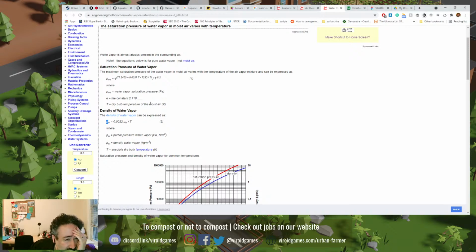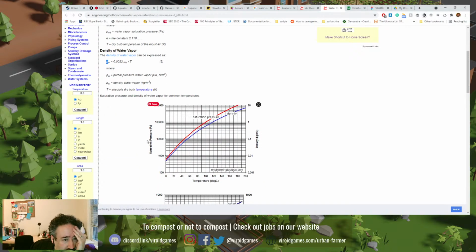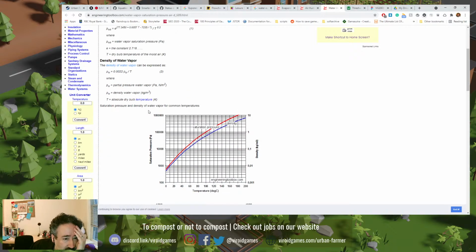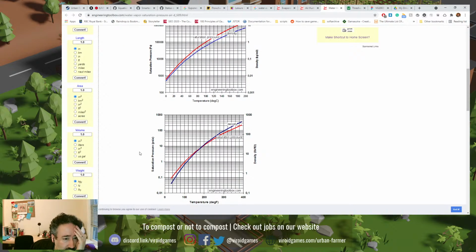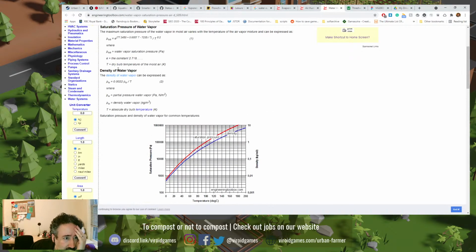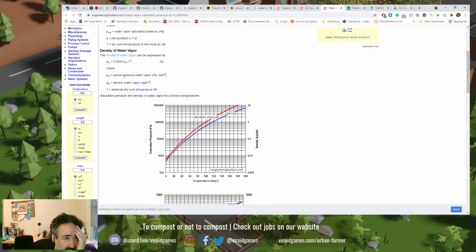Water vapor, what am I saying? This doesn't have any bearing here then. Saturation pressure, which is this formula, which is saturation pressure. This is that density that is actually this part, not relevant.